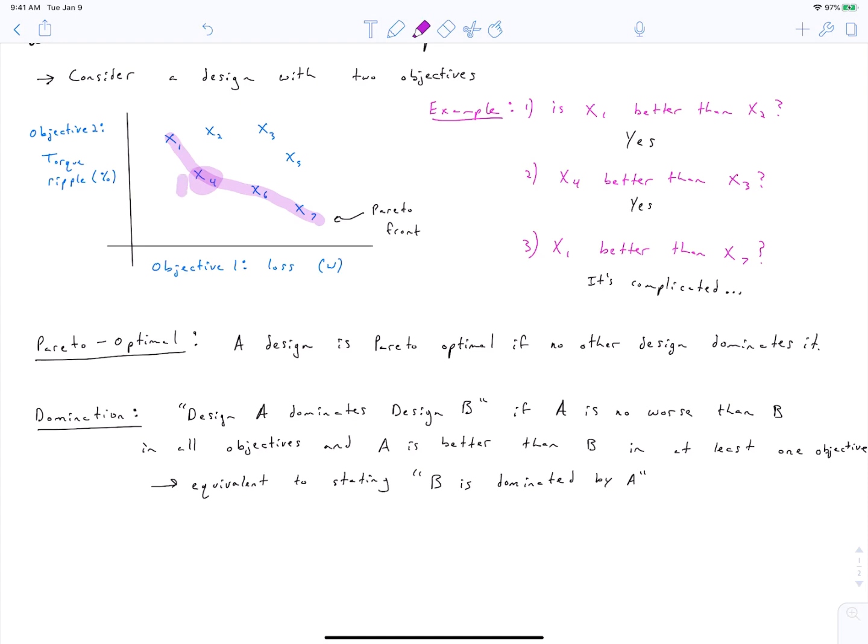We decrease torque ripple, but we degrade the second objective. Loss becomes higher. So neither X4 nor X6 dominate each other. That is, both X4 and X6 are Pareto optimal. No other design dominates them. In fact, all designs that I've highlighted in purple are Pareto optimal because no other design dominates them.